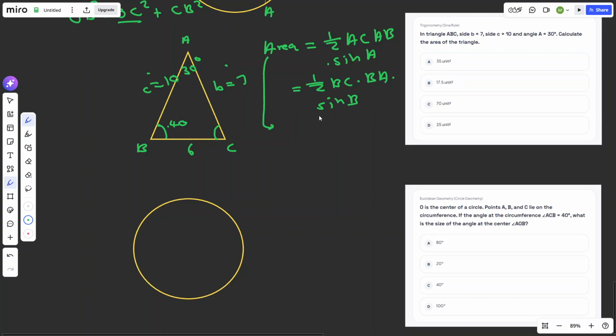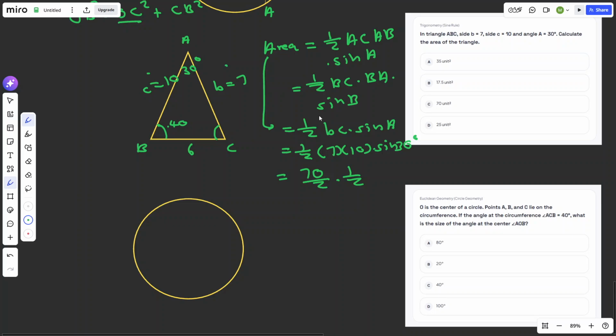So the area here will be what? I'm just going to rewrite this as half bc times sine A. So this will be a half, b is 7, c is 10, and sine of 30 degrees. So now this will be half times 7 times 10, I'll just write it as 70 over 2 times a half, because sine of 30 degrees is a half.